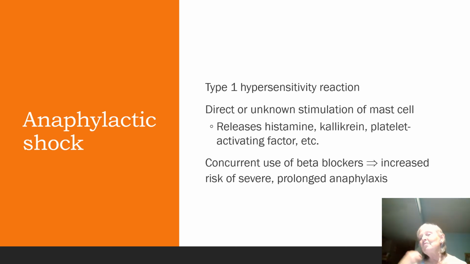We see the neutrophils, we see the macrophages, all of those guys show up to try to help you, but they're actually having the cytokines and they are having the inflammatory mediators also. And one of the things is if you're taking beta blockers, unfortunately, it's going to prolong whatever's going on with you at that particular point.